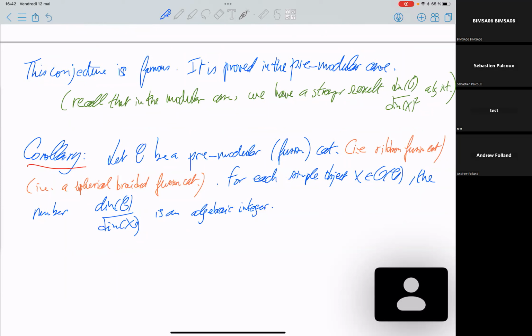Okay. So proof. By the previous proposition, we know something about the center.